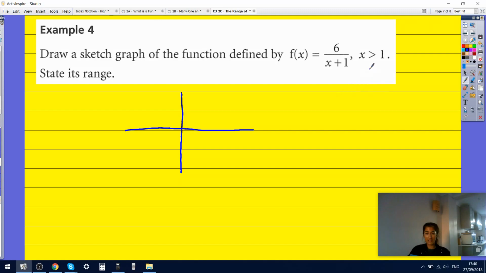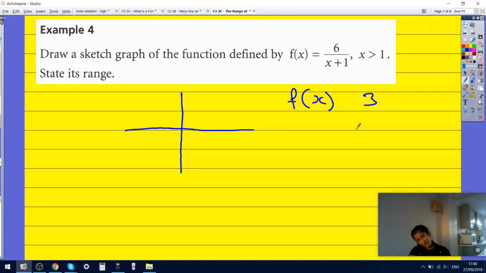Is it just the same? Well, I would sub in 1 for x and see what you get. But you can't do that, can you? So if you could, what would you get? 6 divided by 6 over 2, which is 3. And so the f of x can't be equal to 3.